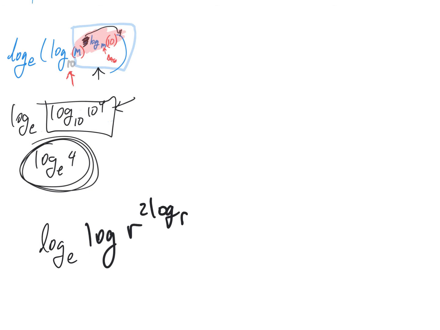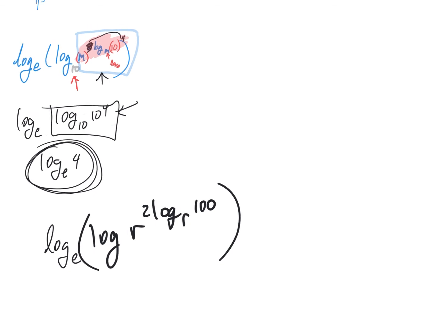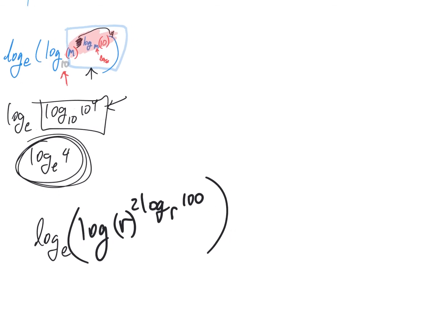This is really hard to make these problems. Of 100. All right, so this is all in parentheses because it's the argument of that log base e. This is an argument, and this is an argument. There's a missing base. This is a base. And I think some of you will get it.